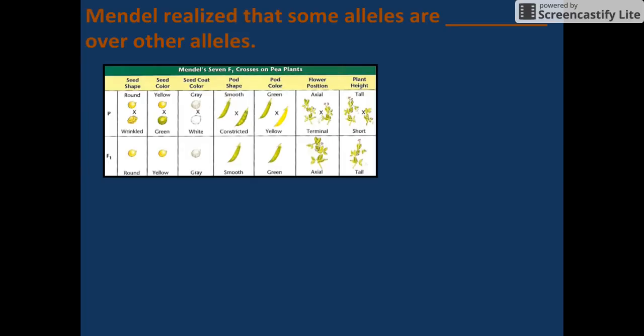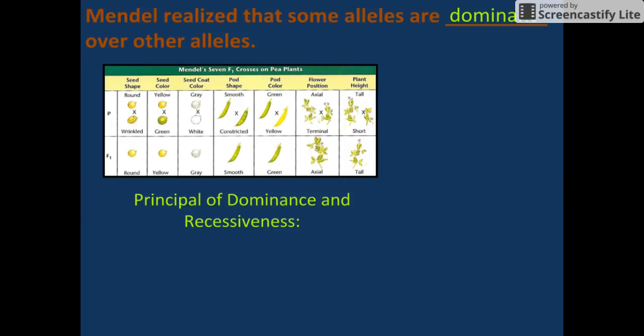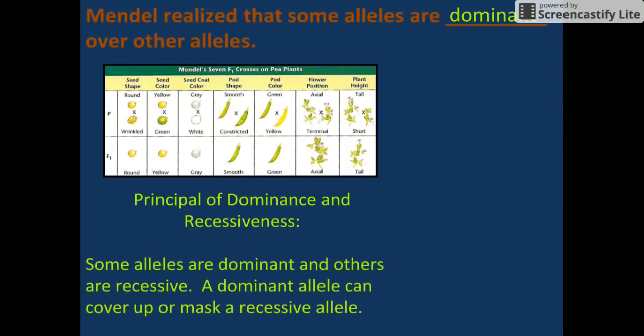So Mendel realized that some alleles are dominant over other alleles. This is where he came up with the principle of dominance and recessiveness. And that is not how you spell principle. It should be LE, of dominance and recessiveness. So some alleles are dominant and others are recessive.